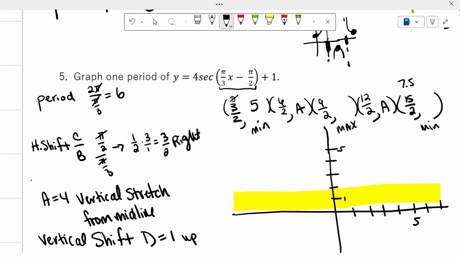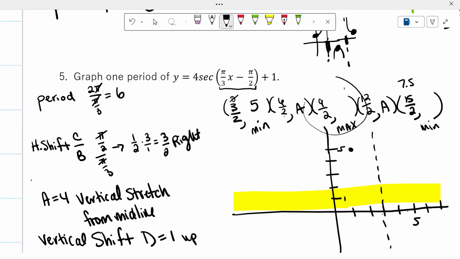Okay. So 3/2, 5. 6/2 asymptote. So that's at 3. 1, 2, 3. 9/2 is our max, excuse me, our max of that U that opens down.